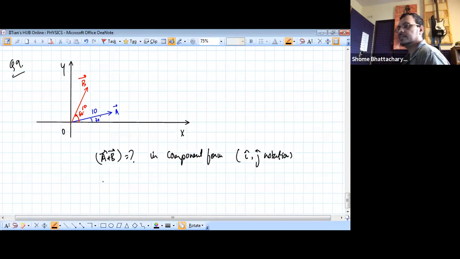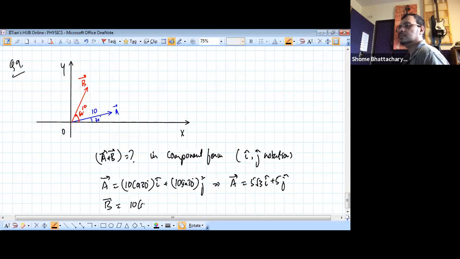So for that, first express the vectors A and B in i cap, j cap notation. So the vector A is 10 cos 30 i cap plus 10 sin 30 j cap. So the vector A in component form is 5 root 3 i cap plus 5 j cap. Similarly, the vector B is 10 cos 60 as the x component and 10 sin 60 as the y component. So the vector B is 5 i cap plus 5 root 3 j cap.